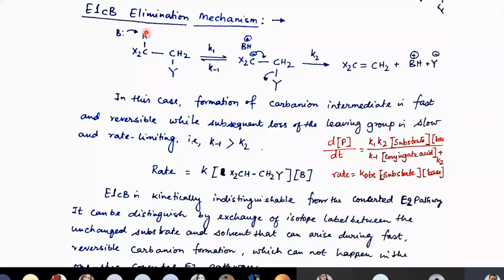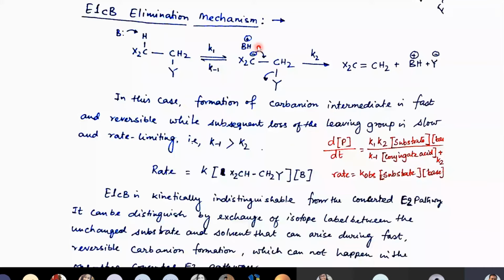What I'm saying is you focus on this part. Okay. So in this part, the base takes up this proton to form this carbanion. But this is also reversible, k-1 greater than k2. So this would again go back into the starting material.